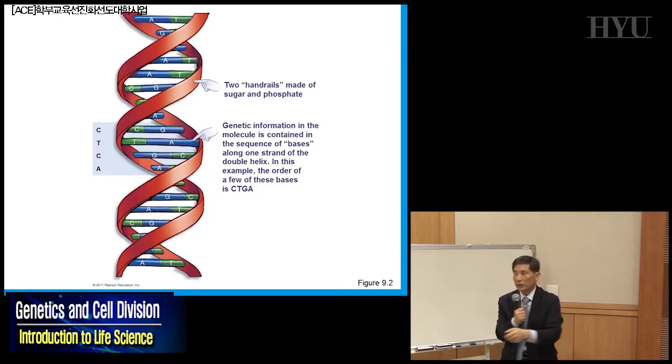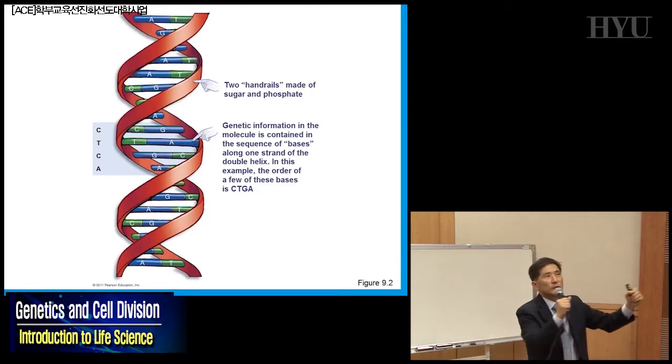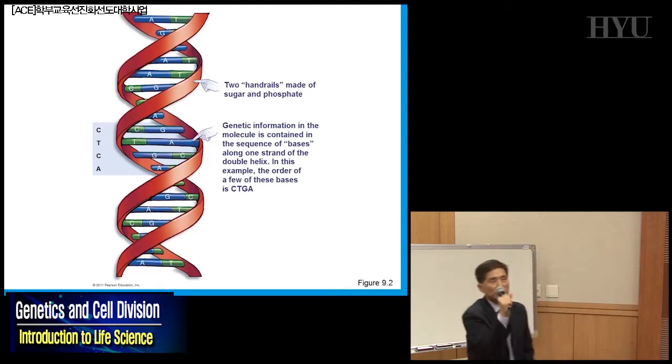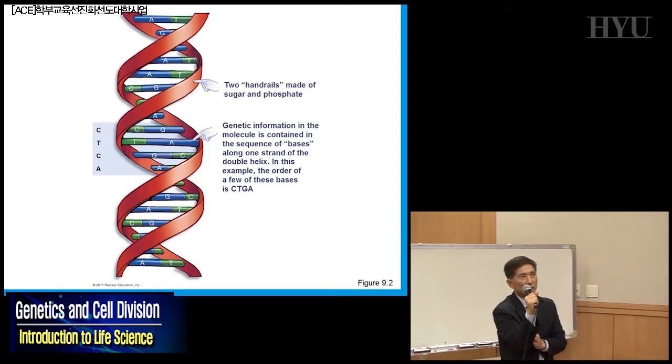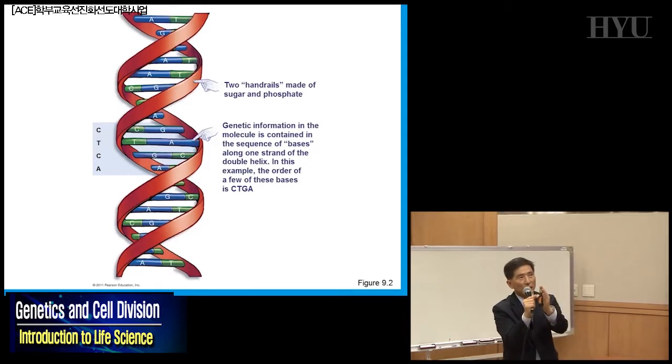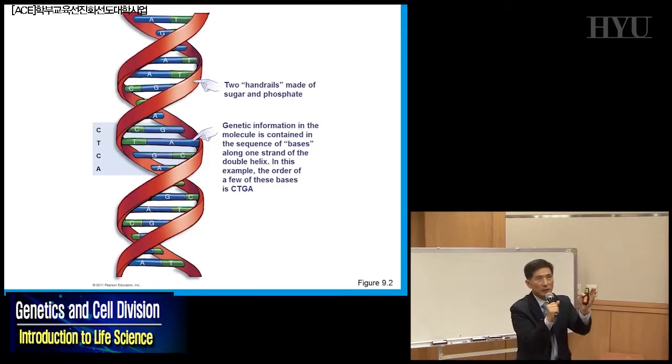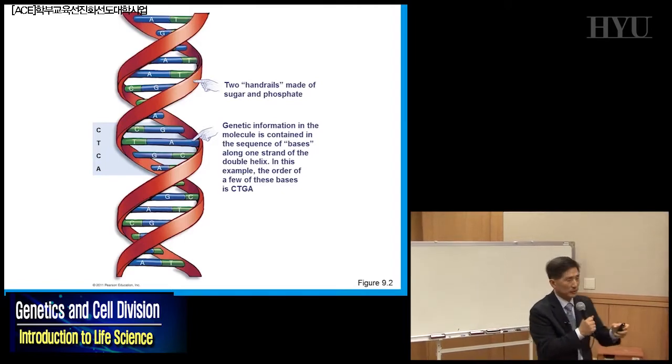How? Because it's complementary. If you open this up and use one strand as a template, you just fill in the information. Because if there is an A, there should be a T, right? If there is a G, it should be C. It's almost automatic. That means complementary.